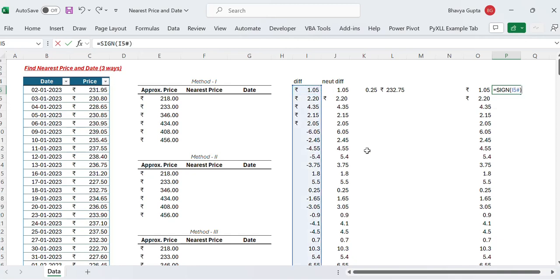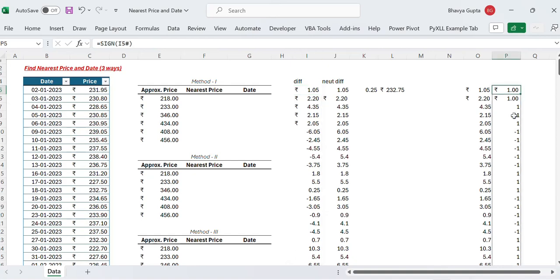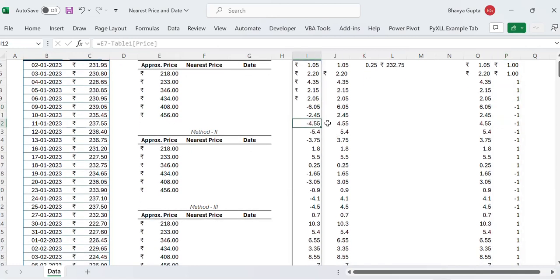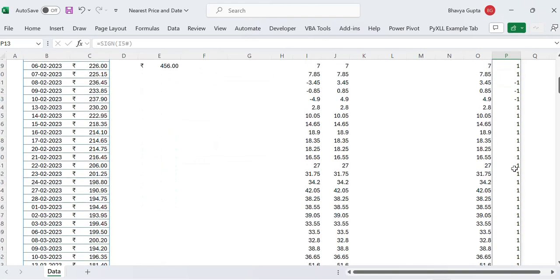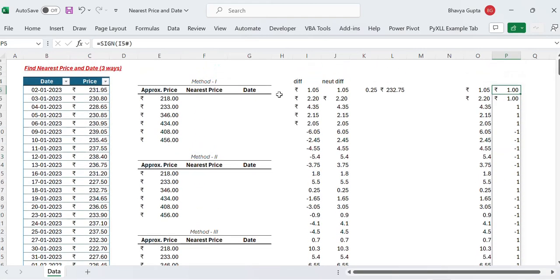So what does the sign function do? For positive numbers, it will return 1, right? Their sign is positive, so it will return positive 1. But if we have a negative number, then it will return negative 1. So we have this in the result. If we see the utility of the sign function here, we know that when we multiply two positive numbers, we get a positive number in return.